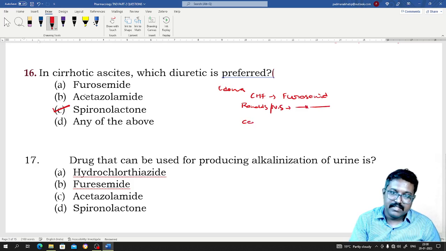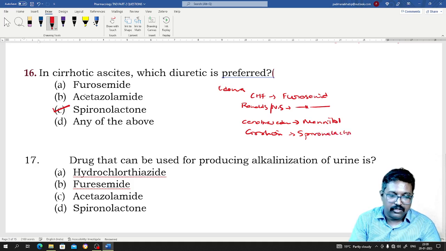If it is a cerebral edema, the answer will be your mannitol. And if it is a cirrhosis, the answer will be your spironolactone. So is that clear? Spironolactone. So these things you need to remember.